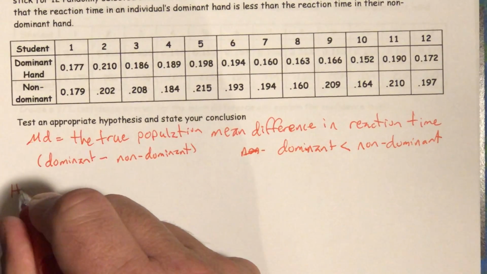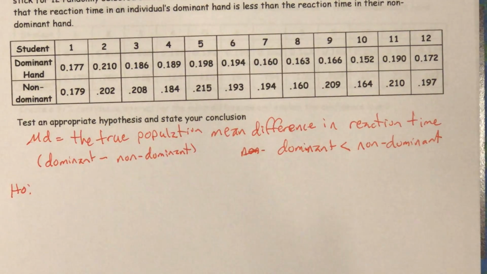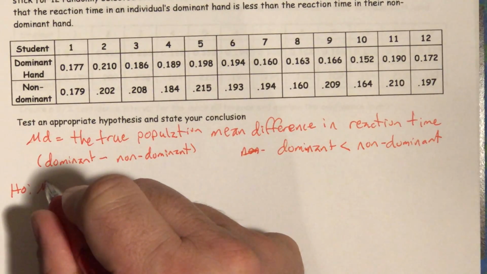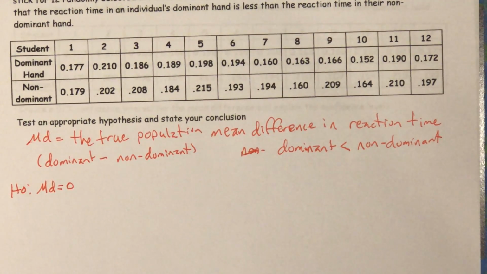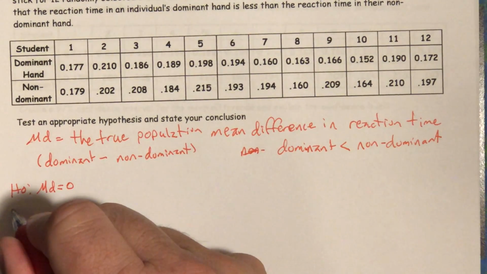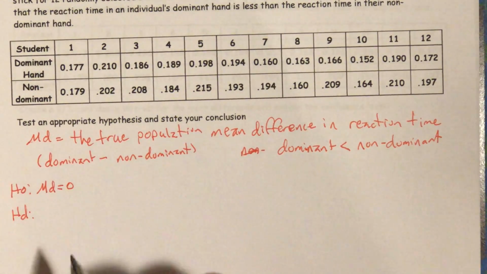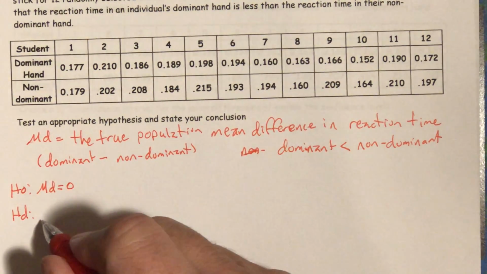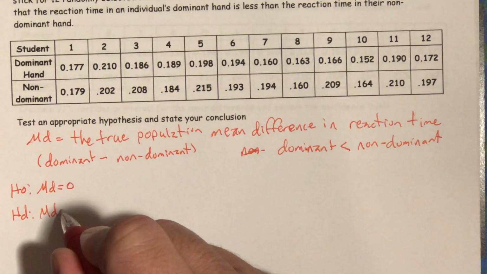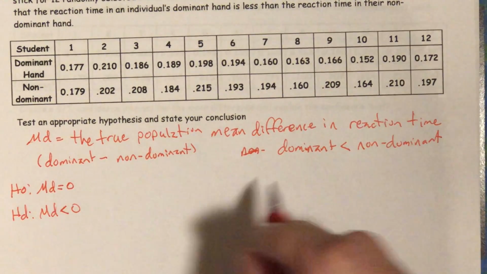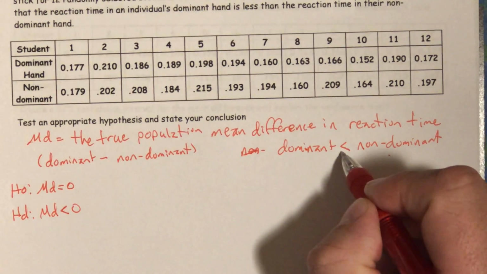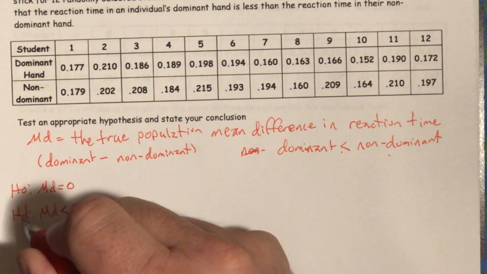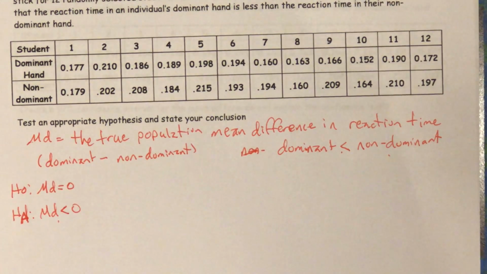Every time we do a test for differences, the null is that the differences equal 0, that there's no difference in reaction time. However, McNeil's hypothesis is that there is a difference, that mu d is less than 0, and I know that because I said dominant is less than non-dominant. However I do this inequality is what I'm going to have for my alternative. So this H_D should have been H_A, not H_D.